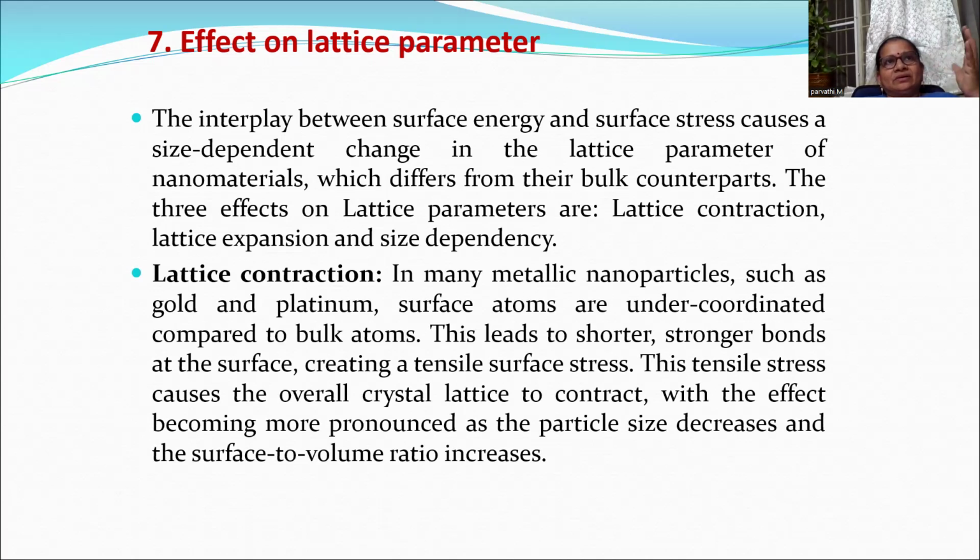The particles or the surface may contract. So in many metallic nanoparticles such as gold or platinum, surface atoms are under coordinated compared to bulk atoms. Coordinated in the sense that they behave like energy applied materials, they will move in the same fashion. Their random movement is less, whereas the movement will be the same in all the atoms. So surface atoms are under coordinated compared to bulk atoms.